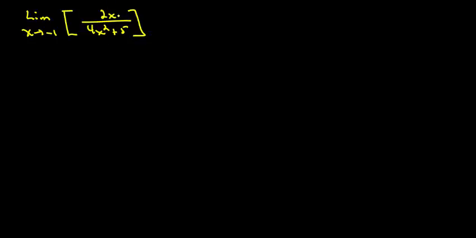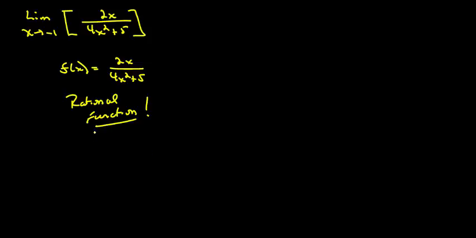Well, f of x equals 2x over 4x squared plus 5. This right here is a rational function. And rational functions are continuous.